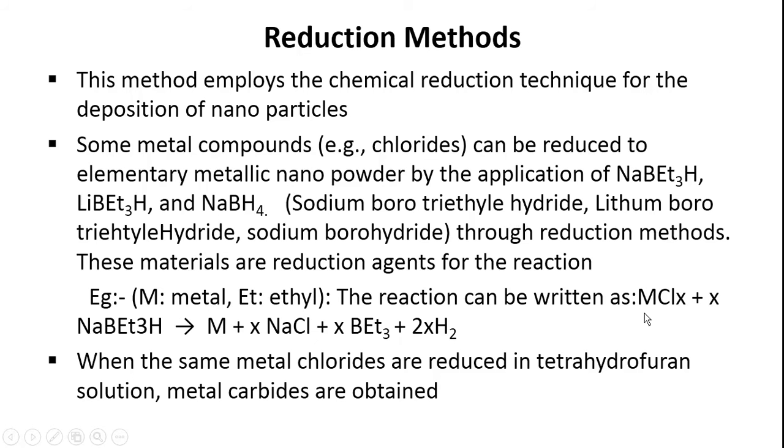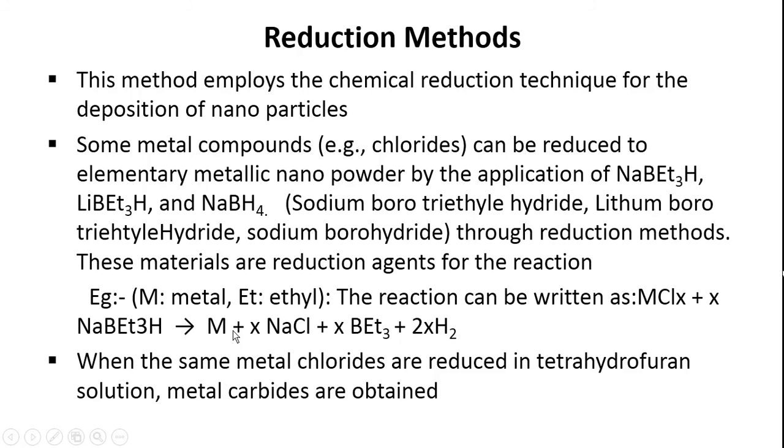For example, here M represents the metal and Et represents ethyl. The reaction can be written like this: MClx, where x means two or three, like MCl2, plus x NaBEt3H, that is, x molecules of sodium boro triethyl hydride reacting with it.